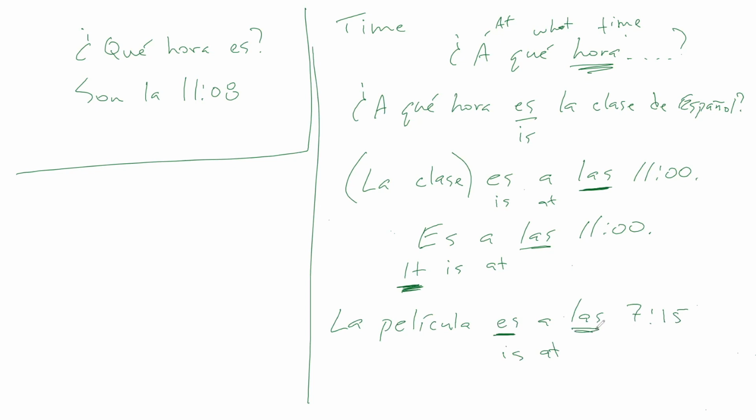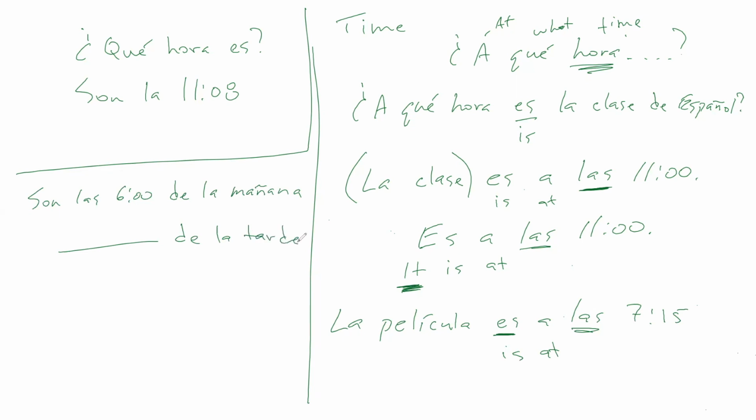Okay, just a little bit of vocabulary. We don't use AM and PM when we're talking with time in Spanish. So if it's in the morning, we would say like, you know, son las 6 de la mañana. That would be for AM, right? Son las 6 de la mañana. If we want to do something in the afternoon, it would be de la tarde.